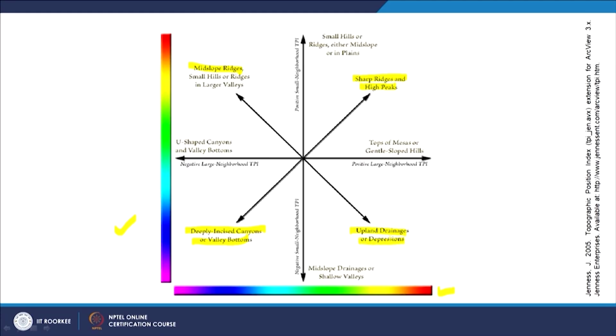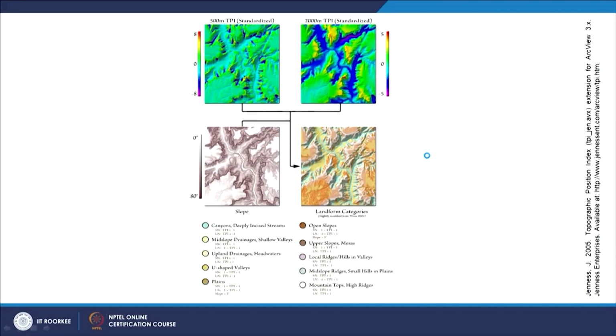Likewise, based on the TPI, here is the negative small neighborhood TPI, here is the positive small neighborhood TPI, whereas here you have negative large neighborhood TPI, and here small or positive large neighborhood TPI. So based on this, the classification can be performed quite easily by combining the two.